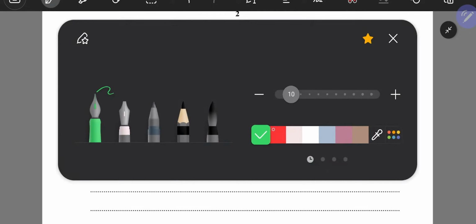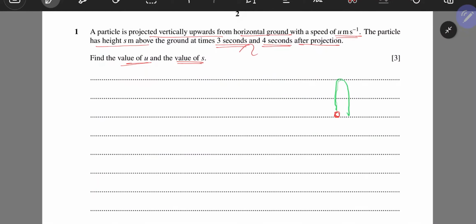And the question states that when t equals 3 and t equals 4, the height above the ground is the same. So we can consider something like this height. This is s, and t equals 4, t equals 3. The ball is moving upwards here and downwards at this point.